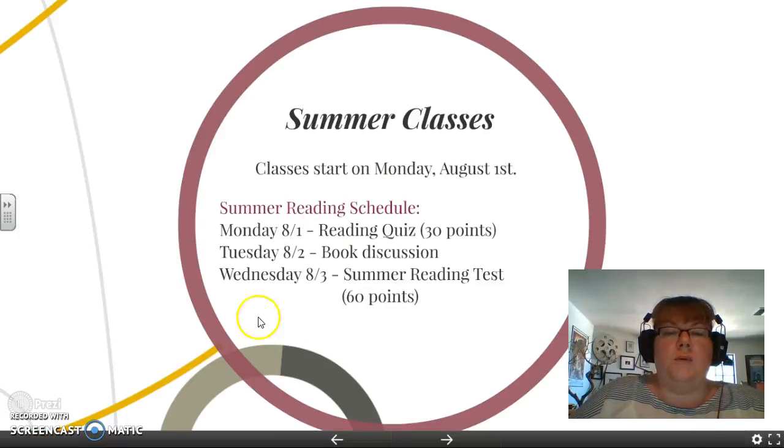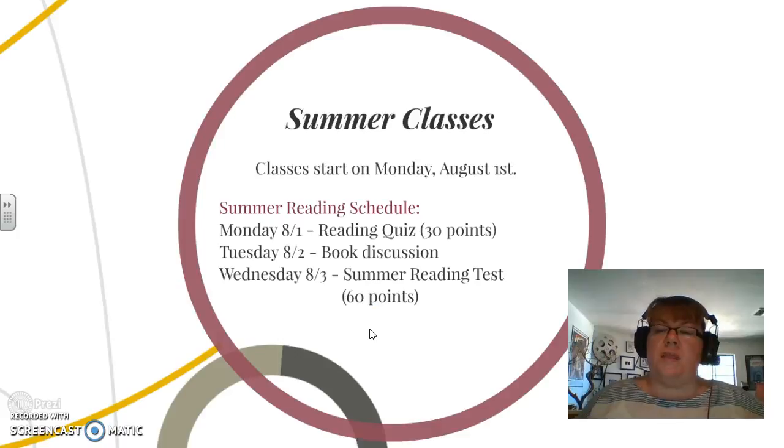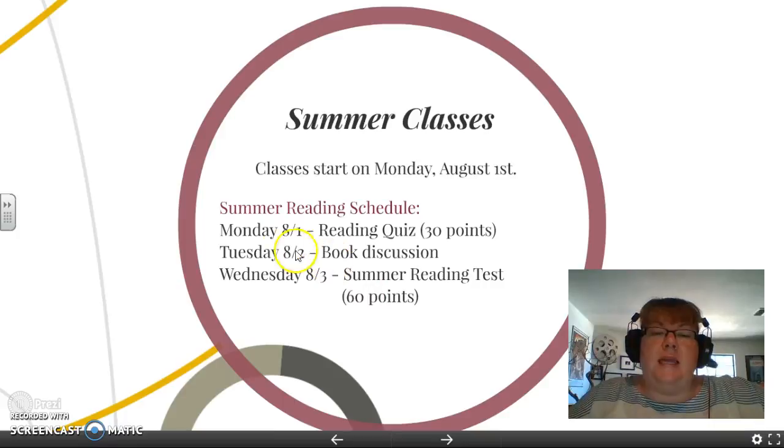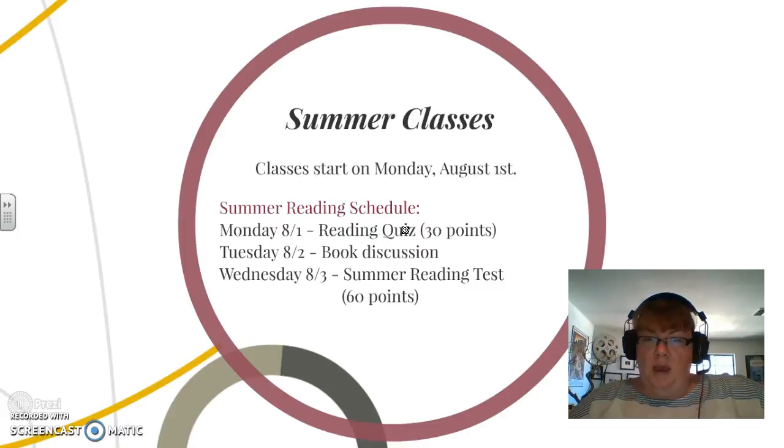So each week I will pretty much tell you what to expect and what's going on within the week so that you know. Right now, the intention of the summer reading schedule and how it's going to play out in class the first week is that on Monday, August 1st, when you come into class, you will sit down, pull out a pen, black or blue ink, and immediately take a reading quiz on all 3 novels.